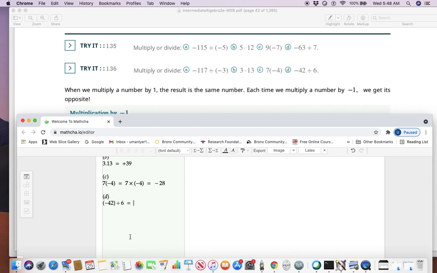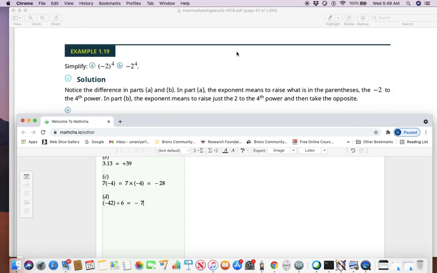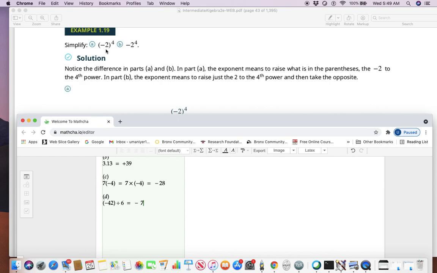Well, negative over a positive is a negative. 42 over 6 is 7. Multiplication by negative 1 changes sign. That's all. Okay. Now let's simplify a few things.